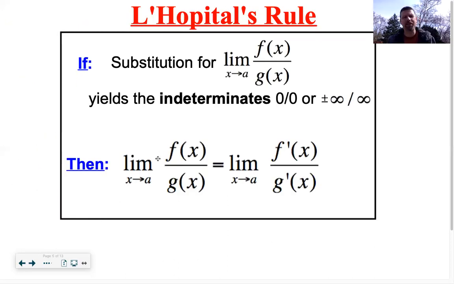L'Hopital's rule says, if when you substitute for a limit, you get some indeterminate form, like 0 over 0 or infinity over infinity, then the limit you're trying to find is the exact same thing as a limit of the derivatives. It's a super, super helpful rule, L'Hopital's rule.